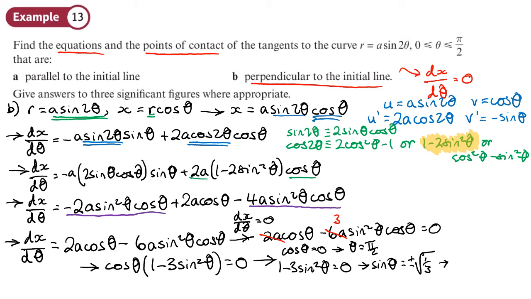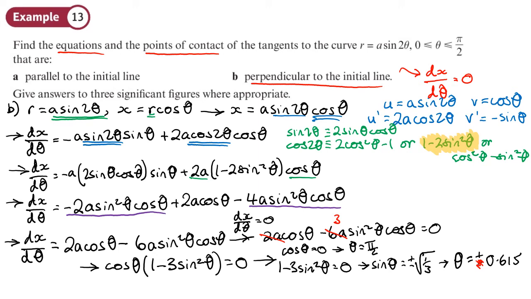This will give us theta is either, to 3 significant figures, plus or minus 0.615. The negative one is out of the range, so we ignore the negative answer for theta. So we've now got our values of theta for the points of contact.